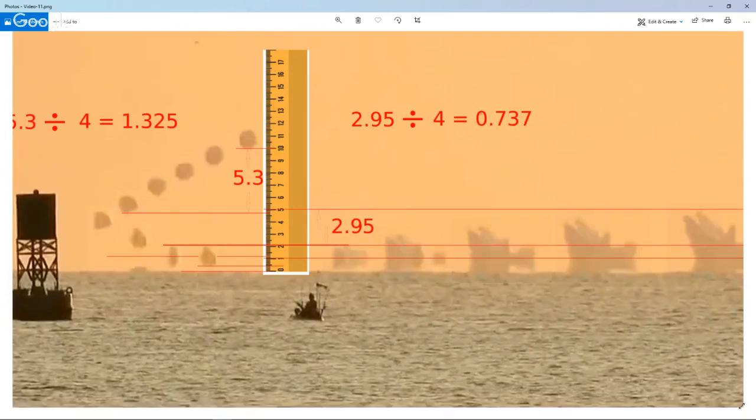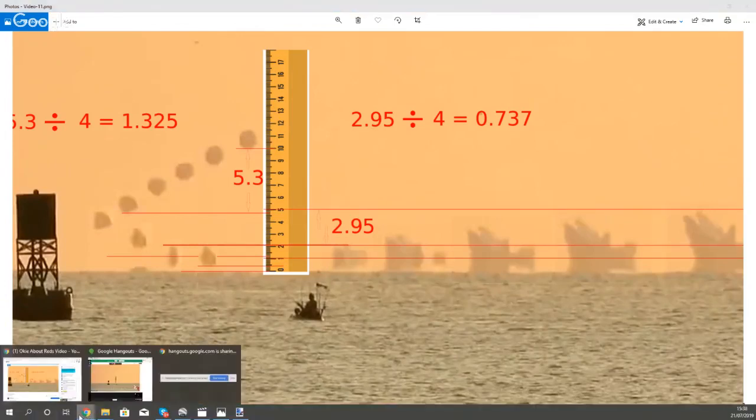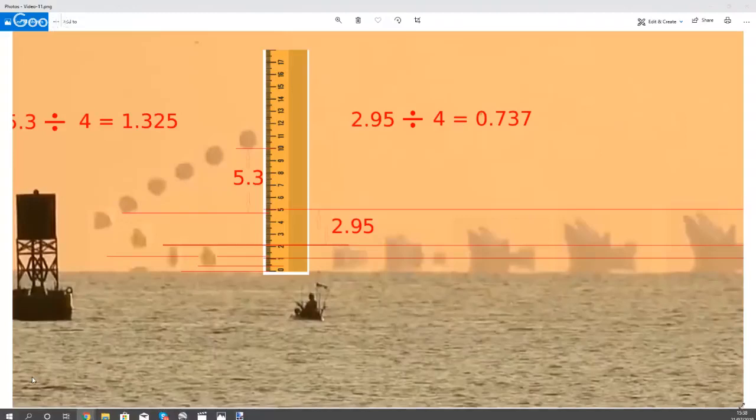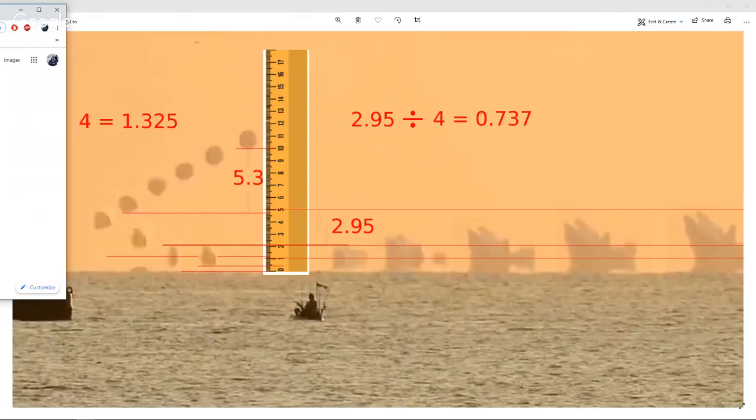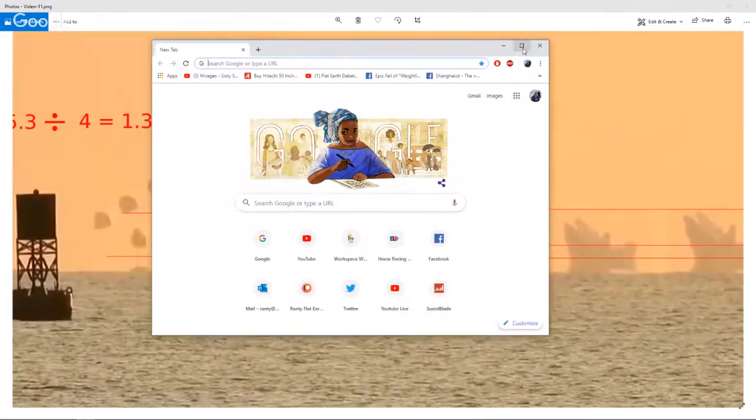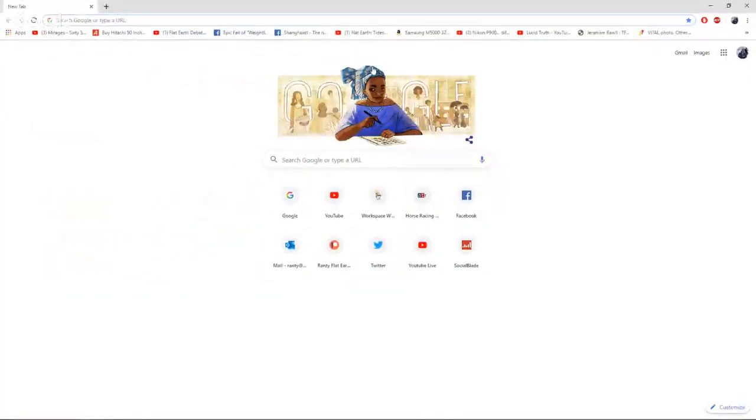Let's see. Let's get something over here. Let's see if I can wangle this over. Just 1 second, guys. New window. Let's see if I can drag that across. Yep, can do. There we go. Happy days.